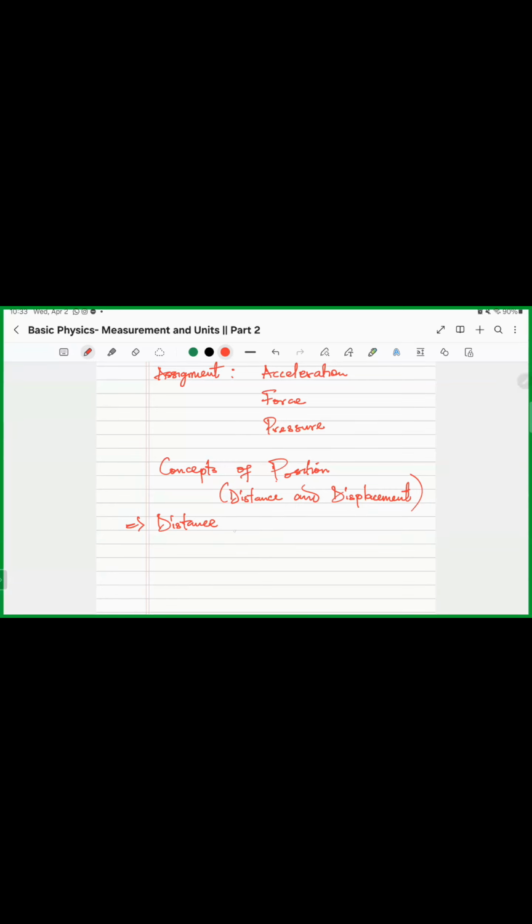But at this junction, I would love to define distance as the journey made between 2 points in any direction.